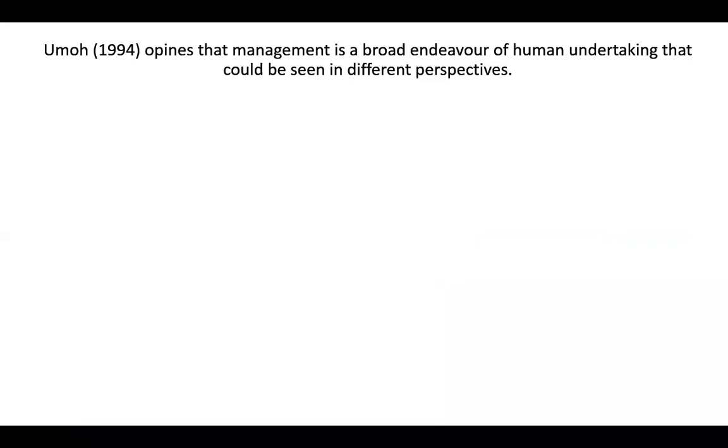Then there is another definition that is operational, which I want us to look at. It's by Moore, 1994, who opines that management is a broad endeavor of human undertaking that could be seen in different perspectives. So this definition is not about what it is, but about the way we look at management, the circumstances in which we could understand management.